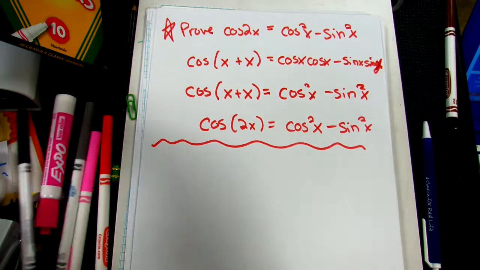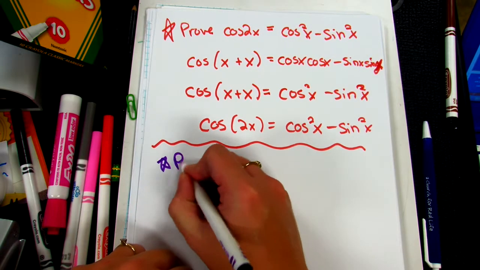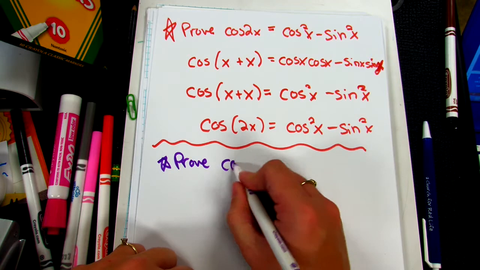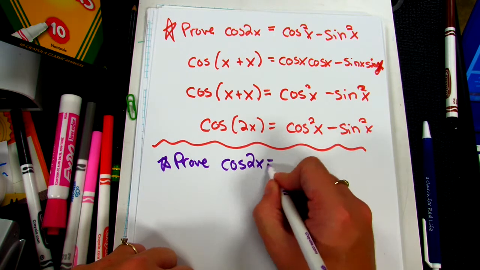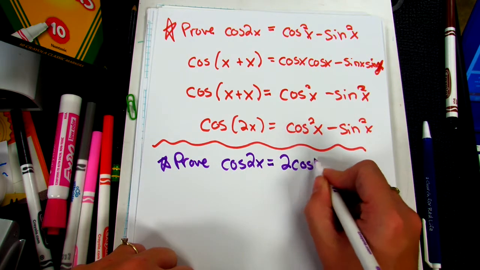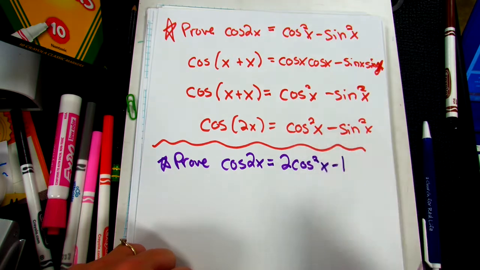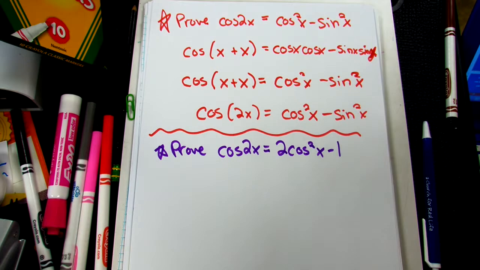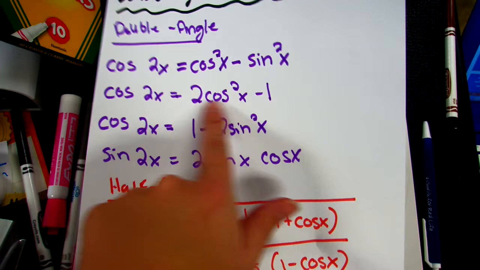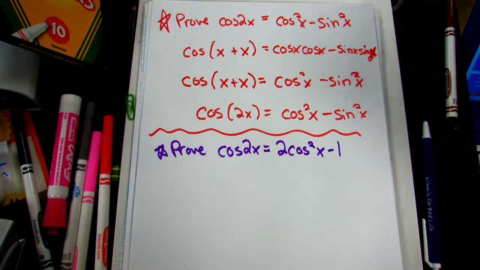Now I want to prove that cosine 2x is equal to 2 cosine squared x minus 1, because that was the next identity that we stated.